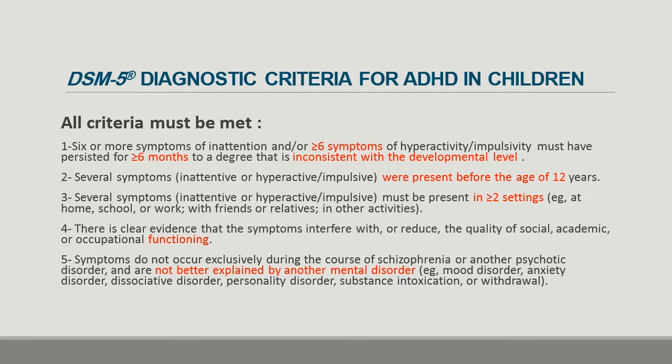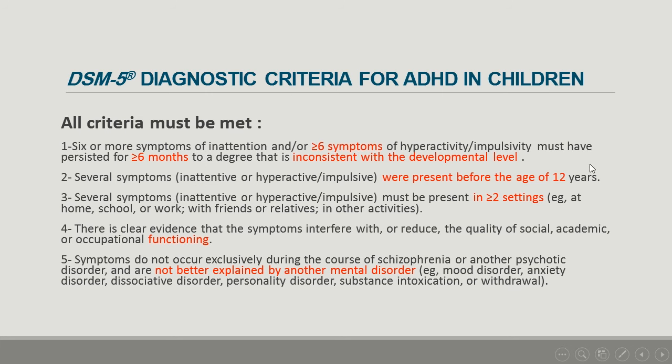How to diagnose ADHD? Actually, all these criteria must be met, again, to exclude other causes of this hyperactivity. So the first criteria is the symptom criteria. It needs 6 or more symptoms of inattention and/or hyperactivity. So you may have 6 symptoms of inattention or 6 symptoms of hyperactivity or 6 of both to be fulfilling the first criteria.